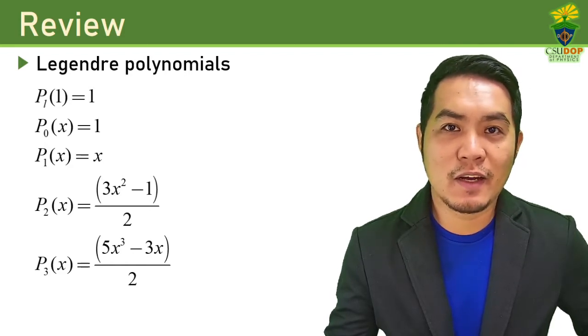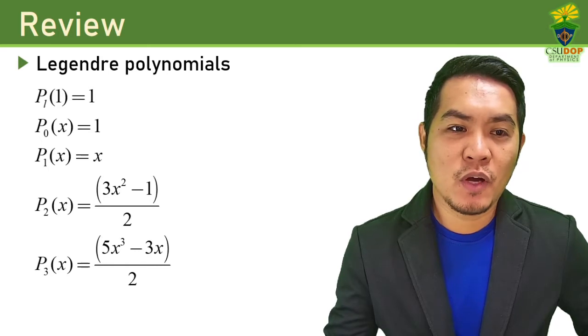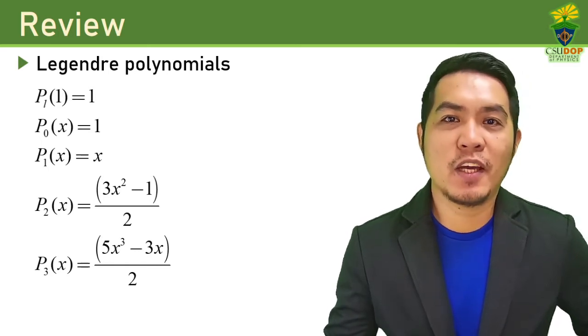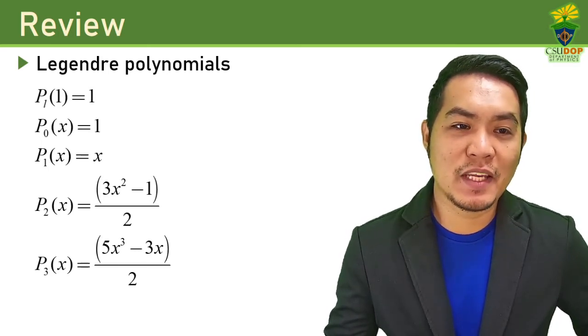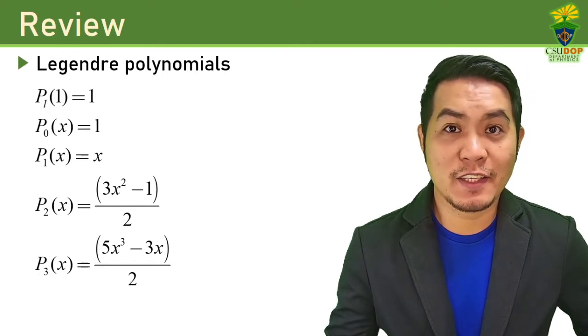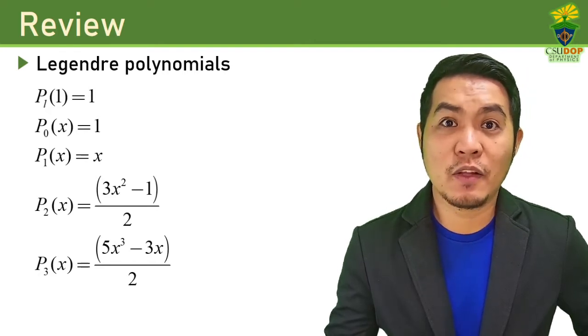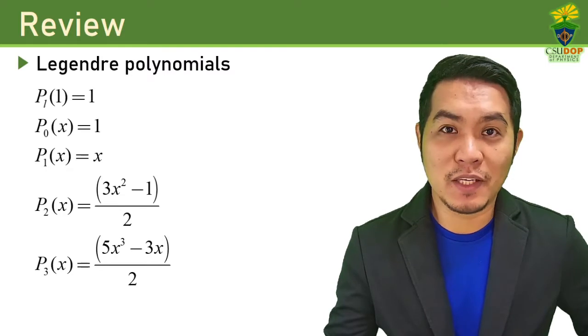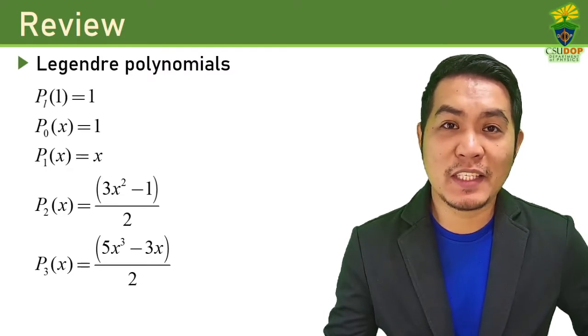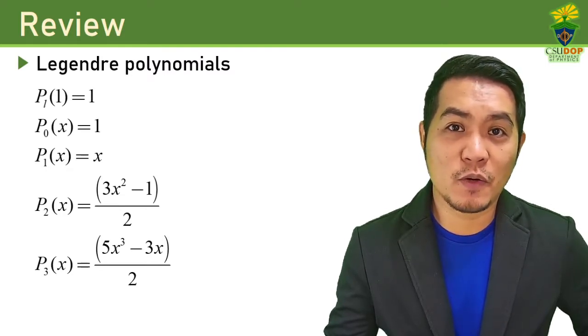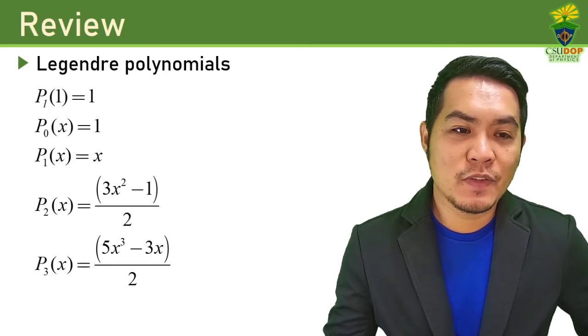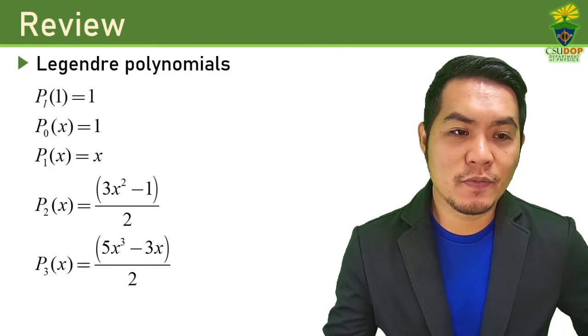In this lesson, our x here will be cosine theta. So P0 of cosine theta is 1. You can write the number 1 as the Legendre polynomial P0, and cosine theta is P1 of cosine theta.